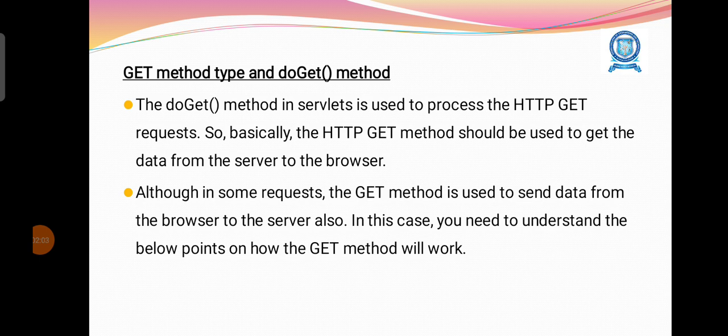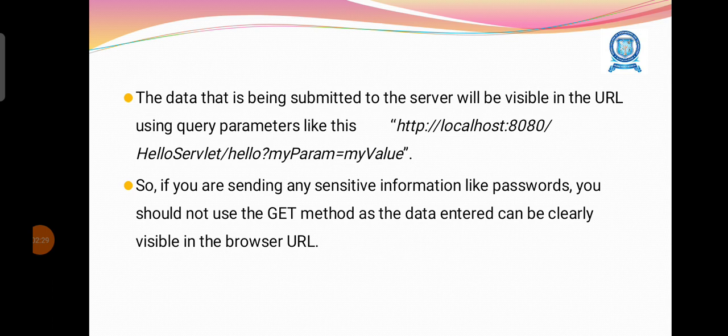Get method type and doGet method. The doGet method in servlets is used to process the HTTP GET request. Basically, the HTTP GET method should be used to get the data from the server to the browser. Although in some requests, the GET method is used to send data from the browser to the server also. In this case, you need to understand the below points on how the GET method will work.